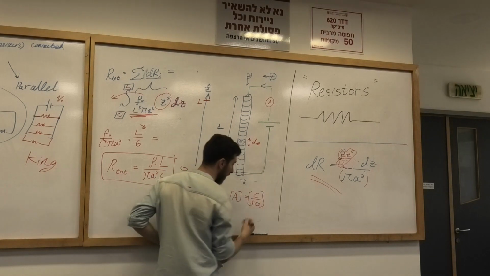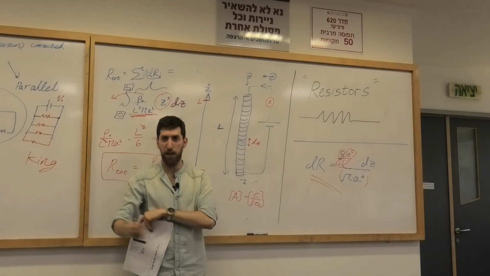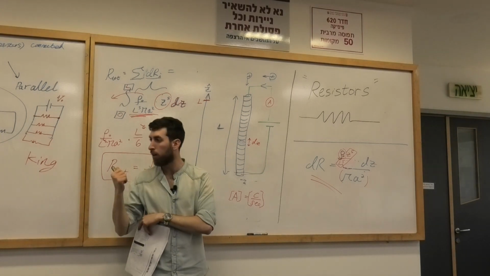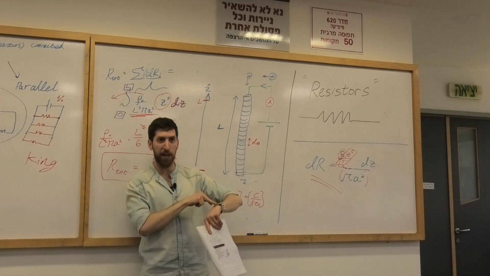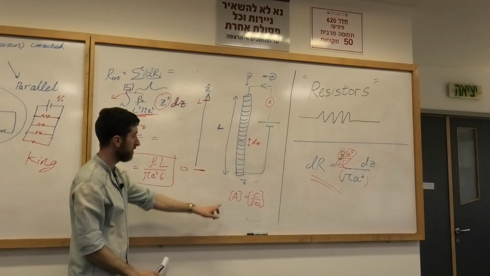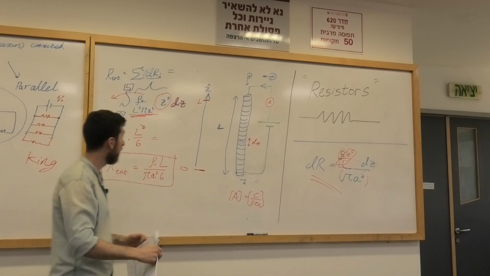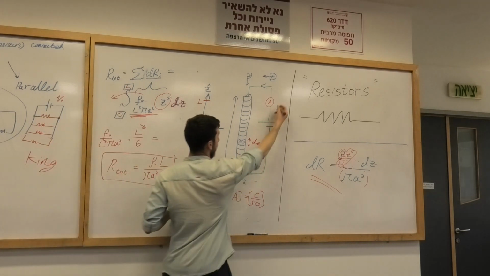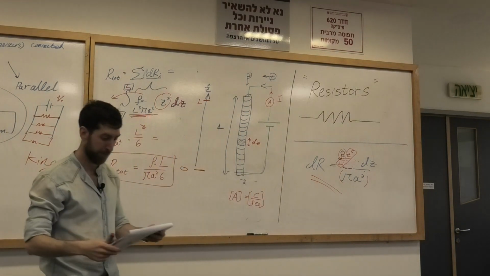Like how much charge passes in one second through some place; this is the amount of current that I have. Perfect. So this can give us the current, and we signify current by the letter I.